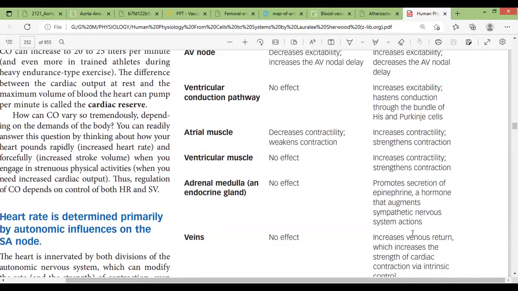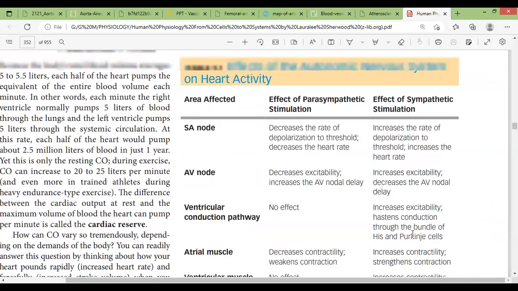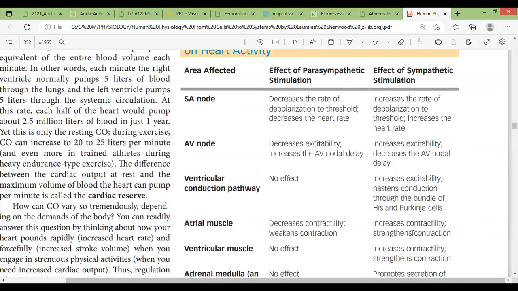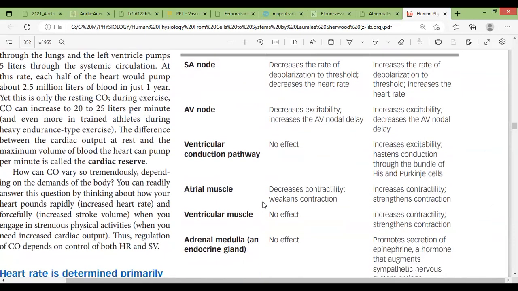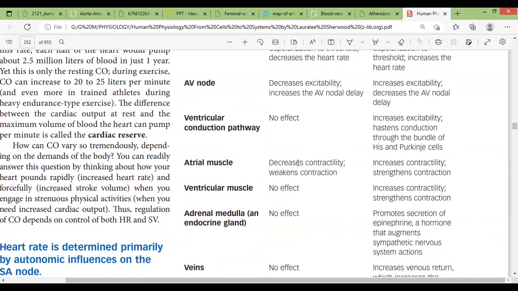Whereas parasympathetic is more of the chilled guy. It decreases heart rate, it increases the AV nodal delay, but it has no effect on the ventricular conduction pathway. It does decrease contractility of the atria, but not of the ventricles. Remember, the ventricles are everything. You don't want to mess up the ventricles.